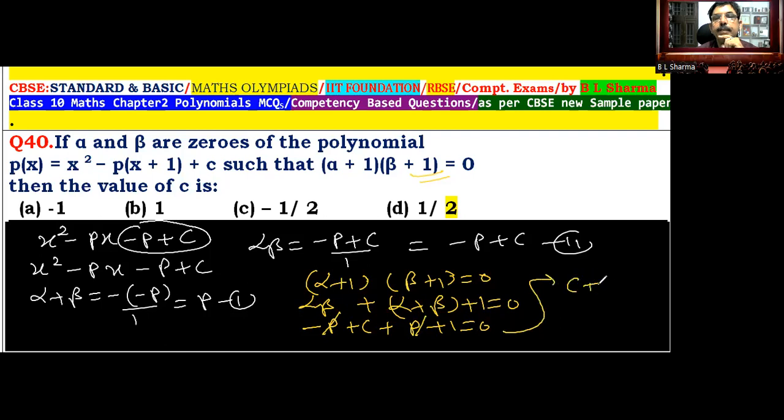So c plus 1 is equal to 0. The value of c will be minus 1. So we check here, yes. So this A is the correct option. So the value of c here will be negative 1.